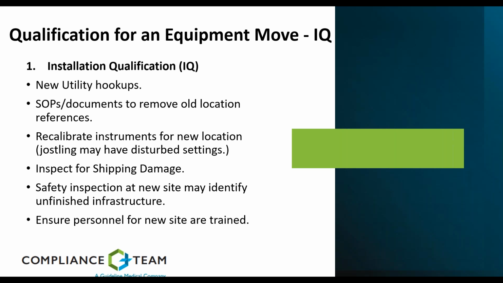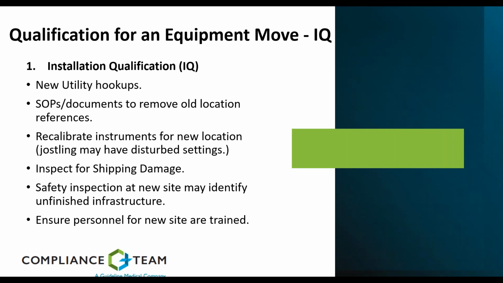You may end up having to revise all your SOPs if the old location is listed in there. If it has an address that doesn't apply anymore, you're going to have to update that SOP or keep it vague. You're going to have to recalibrate those instruments in the new location, because jostling the instrument can disturb its settings. You may have to inspect for shipping damage.